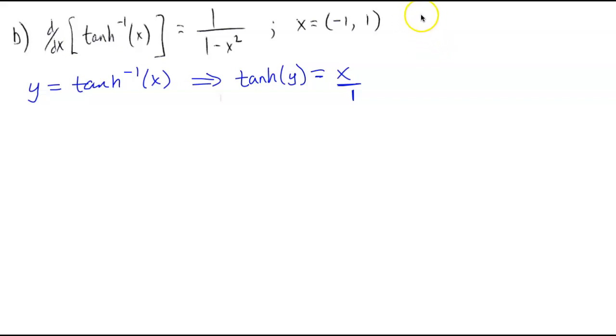Just to remind you, if we have s squared plus c squared equals 1, meaning sine squared plus cosine squared is equal to 1, then the corresponding right triangle would have sine here, cosine on the bottom, and your hypotenuse would be 1.